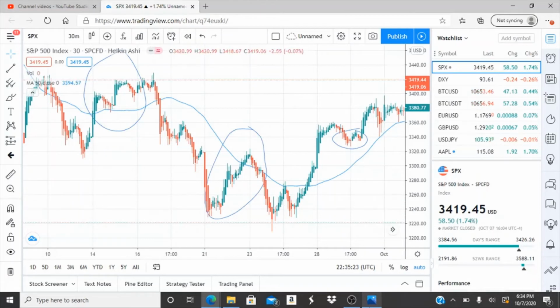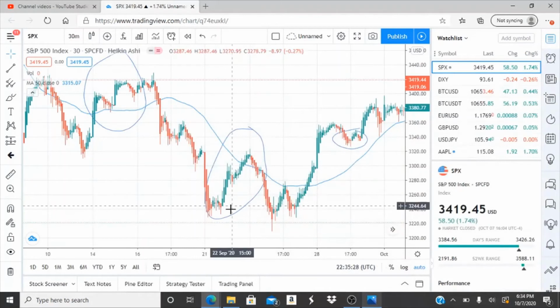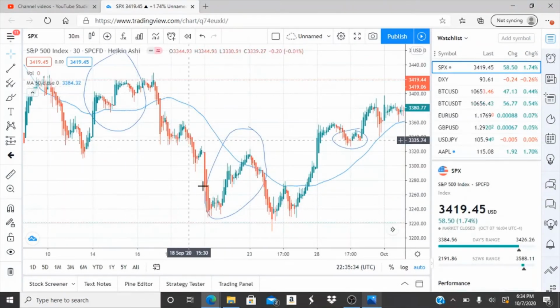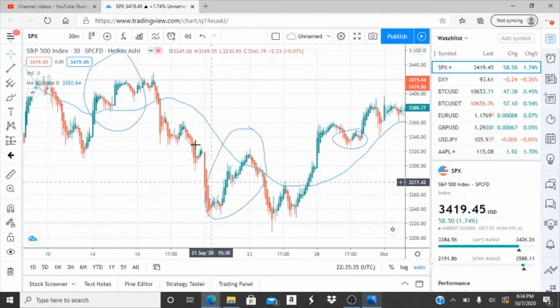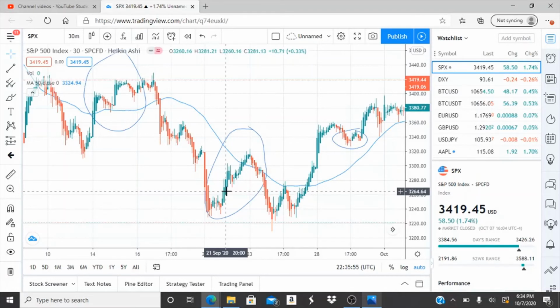We're going to look at another one here, and the next one was on September 22nd. And here we are on the 21st, after falling from that last pump, and the market had been falling, and you could see that there is volatility on every single day of the market before the dates of the pumps, but on the dates of the pumps are the days that the most green happens, for the most part. Not every time, but for the most part. But on the 21st, which was a Monday, it was rising up, and it rose up to this point here. And the next one was the 22nd.